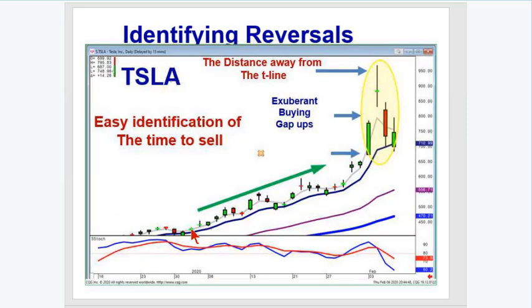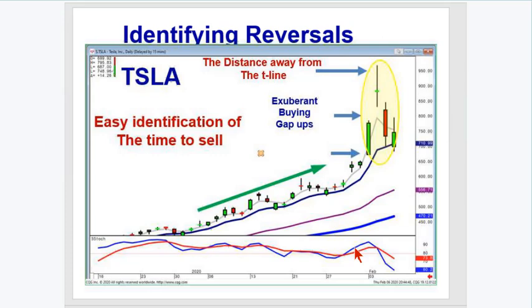That was very evident, I think it was back in February, when Tesla stayed above the T line. Again, here's the T line rule. It doesn't have to trade greatly, but as long as it stays above the T line, there's one basic assumption: that we're in an uptrend.